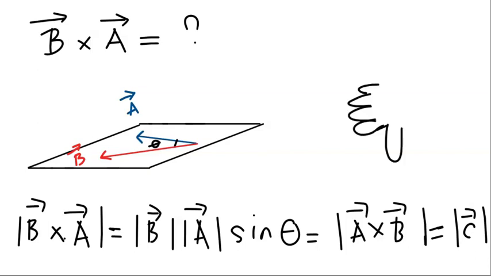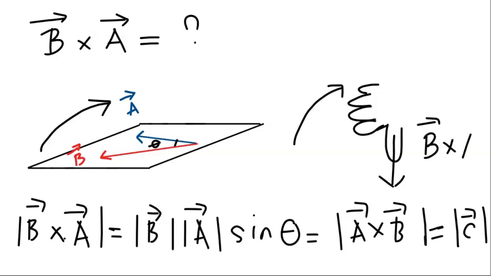Next, let's determine the direction of b cross a. Using your right hand, when you curl the fingers of your right hand from b to a, as shown by this arrow, you see that the direction of your right-hand thumb is pointing downwards. So that is the direction of b cross a.